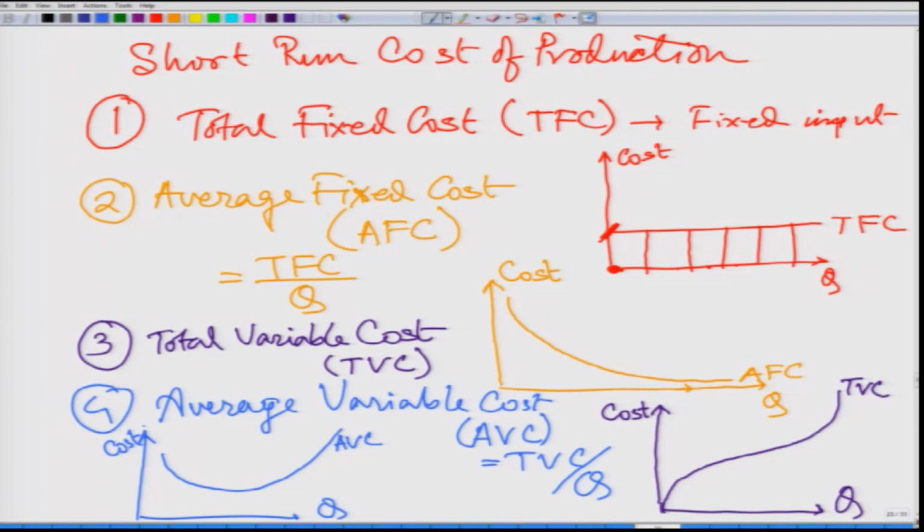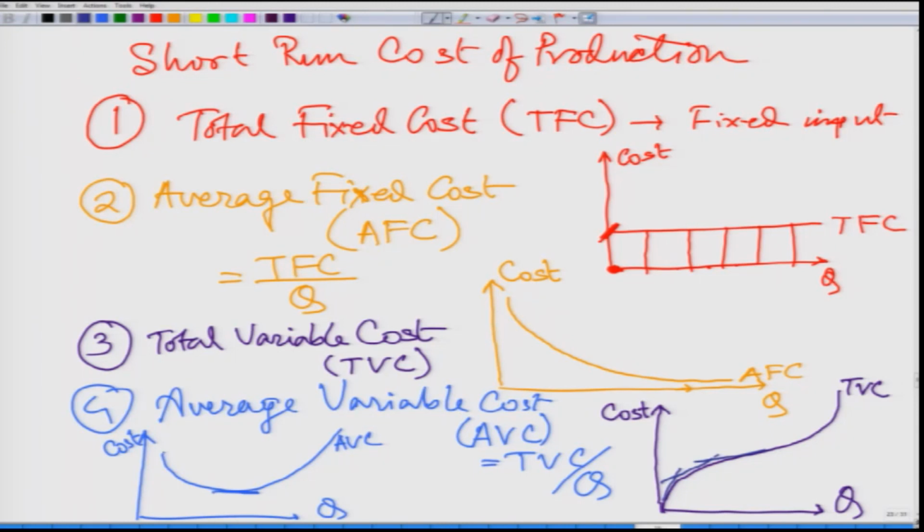The average variable cost will first come down, hit a minimum, and then start increasing again, because the total variable cost starts increasing at an increasing rate. When it flattens, the total variable cost increases at a decreasing rate, and the curve is flatter.